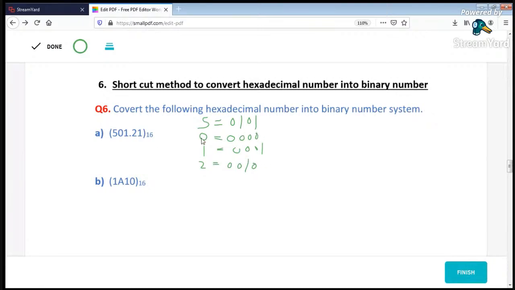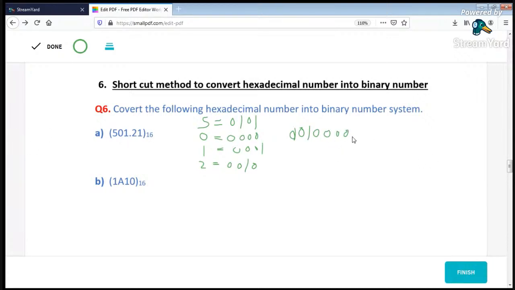Now arrange these binary values according to the sequence of symbols written in the hexa form. For 5 you first write 101, then for 0, 4 times 0.